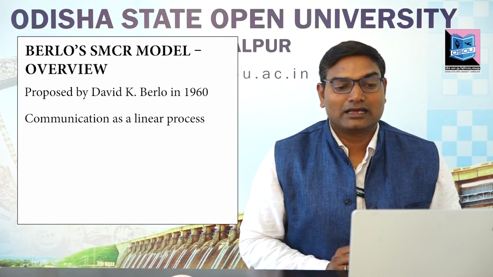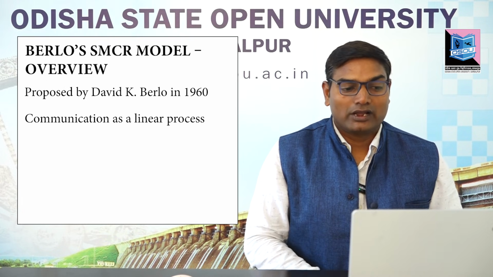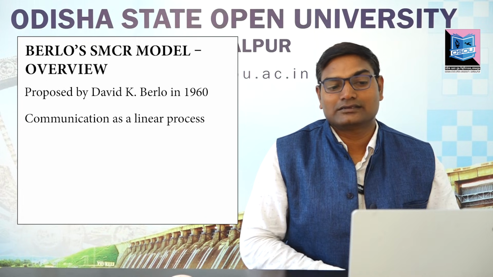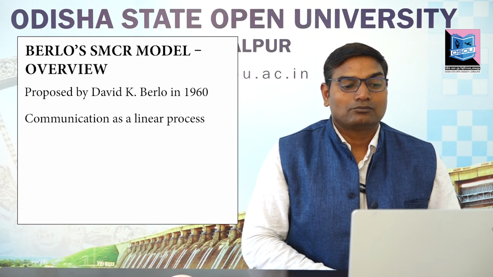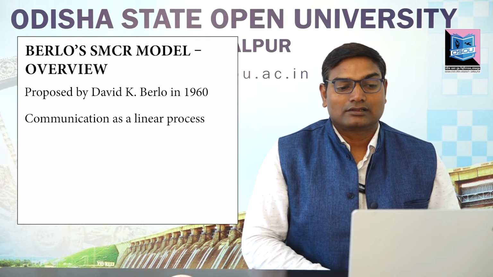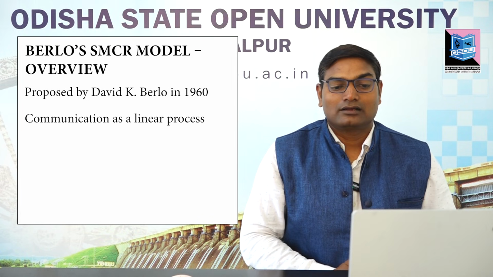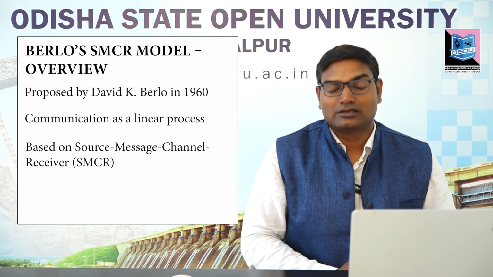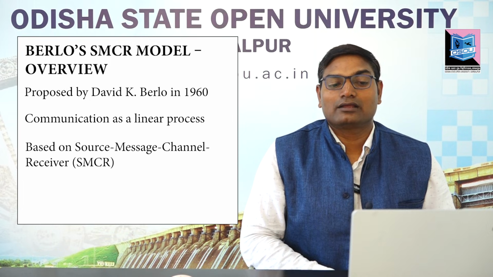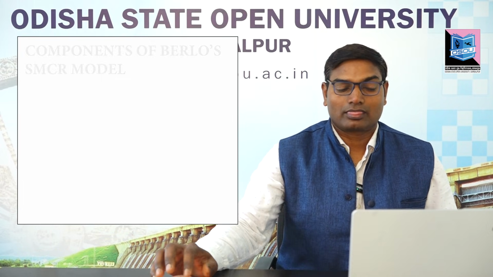It is a linear model that focuses on how well the sender and receiver are matched in terms of skills and understanding. Berlo emphasized that effective communication depends largely on the alignment between these components. The model laid a foundation for future communication theories.